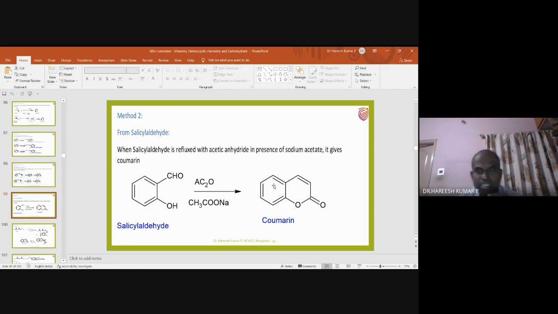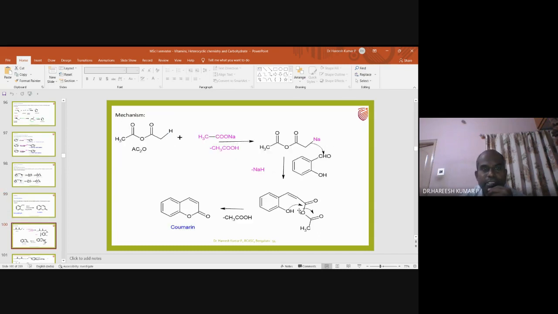So this is a reaction, and I have explained how the aldehyde reacts with the acetic anhydride, the role of sodium acetate, and how the coumarin is formed. But now I will go for a mechanistic pathway of how the salicylaldehyde is converted into coumarin, which I am explaining in the next slide.